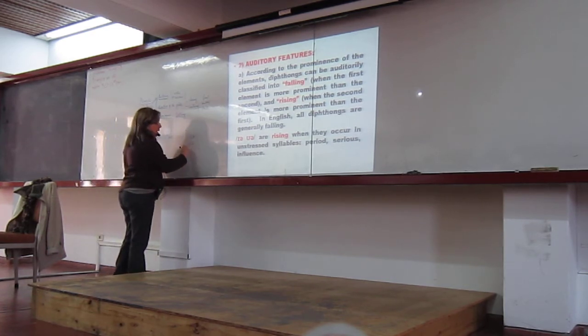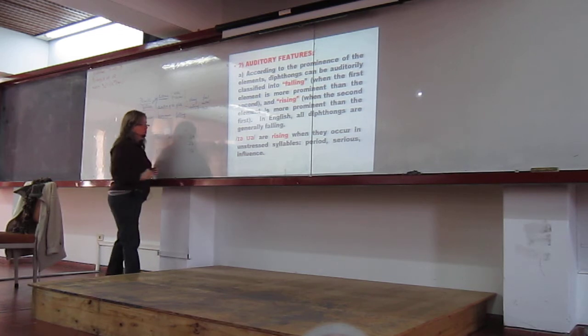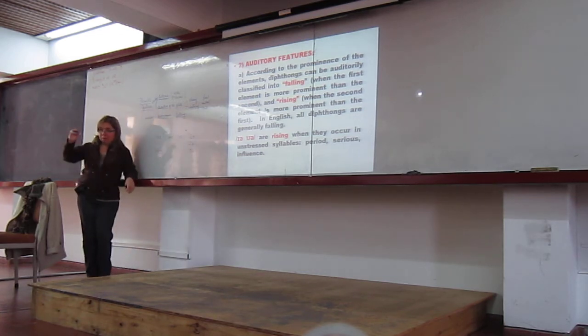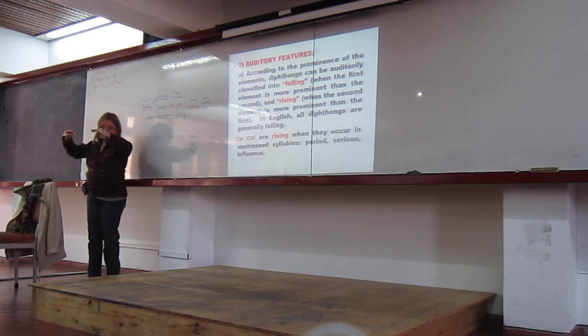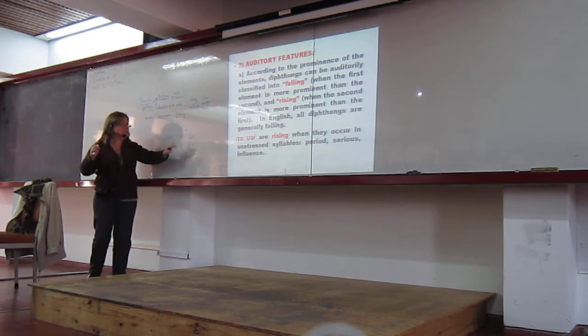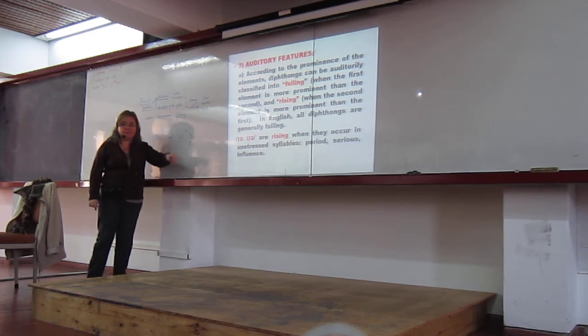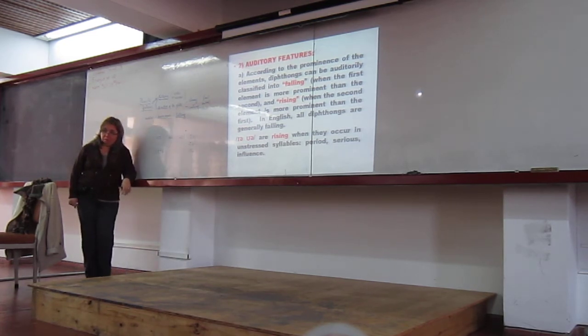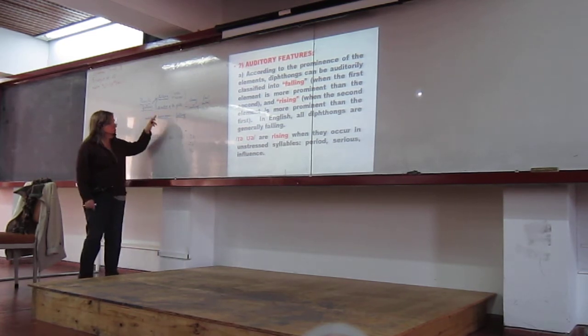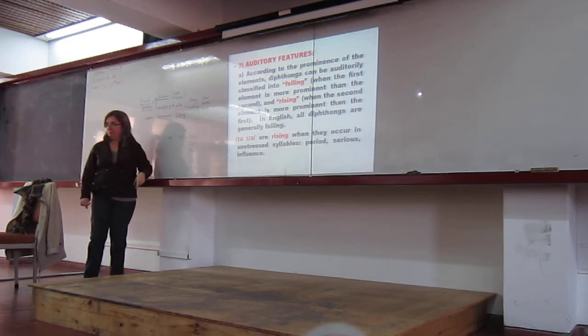These are called centering because the tongue goes from a closed position to a centering position, mid position, according to Peter Roach. And other phoneticians just say that they are central because the second element is a central vowel. Yeah? Okay.